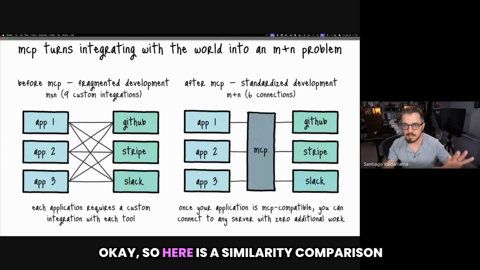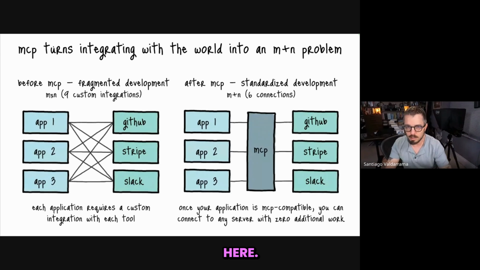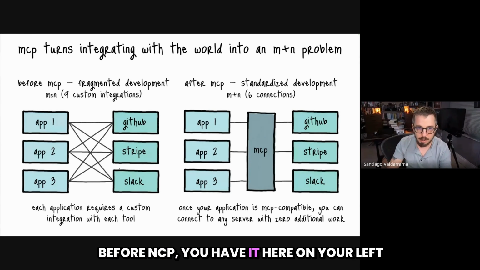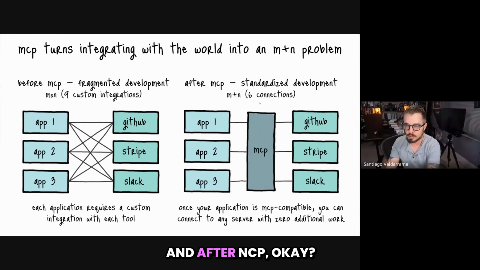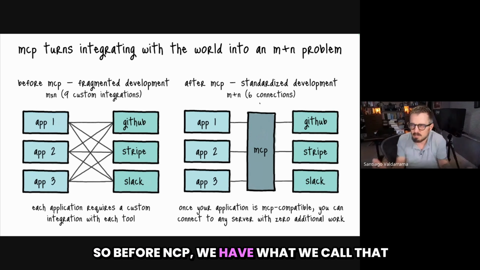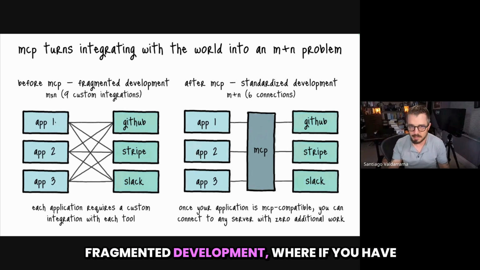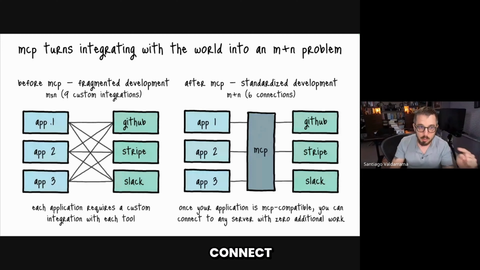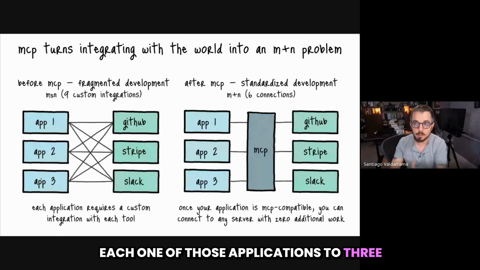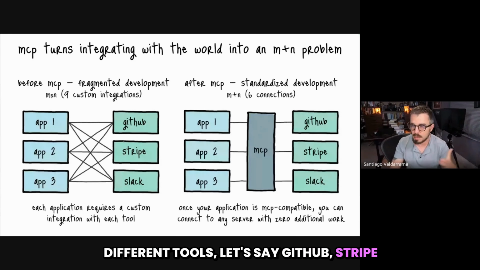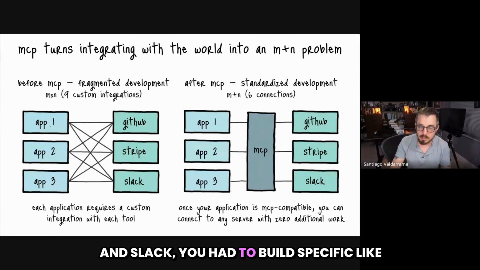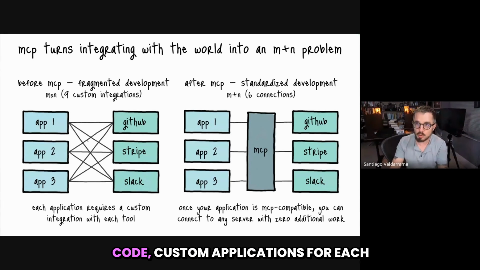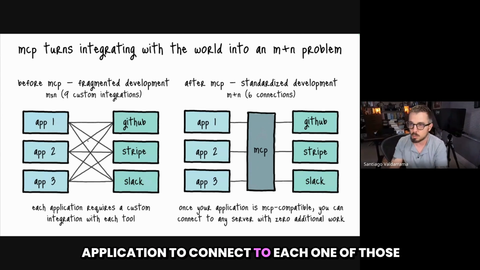Okay, so here is a comparison. Before MCP, you have it here on your left, and after MCP. Okay, so before MCP, we have what we call fragmented development, where if you have three applications, and you wanted to connect each one of those applications to three different tools, let's say GitHub, Stripe, and Slack, you had to build specific code, custom integrations for each application to connect to each one of those tools.